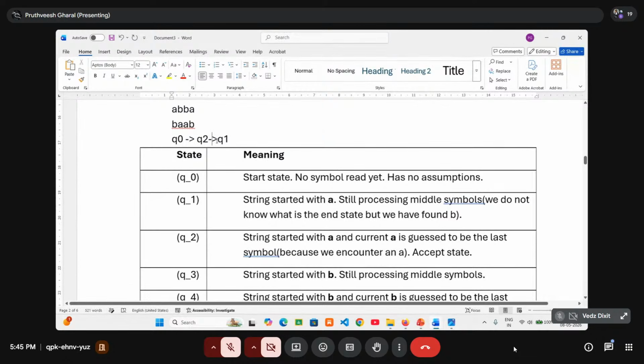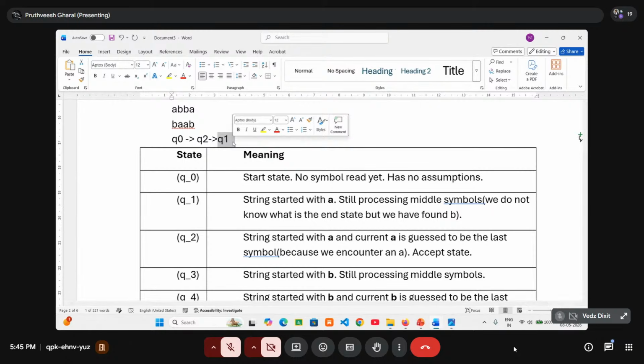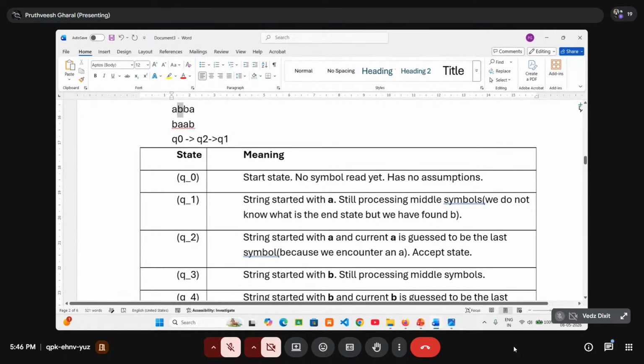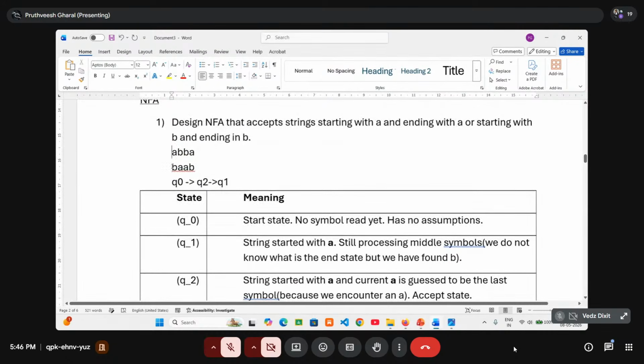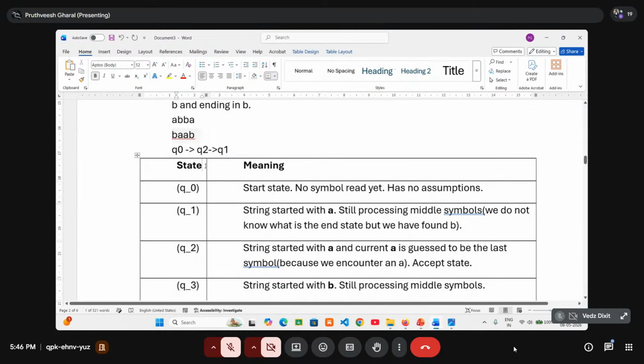But when we encountered a B, we do not know what the end state is, but we have found a B. So these are creating two branches for our assumptions. The string started with A, so it must end with A. The string started with B, so it must end in B.